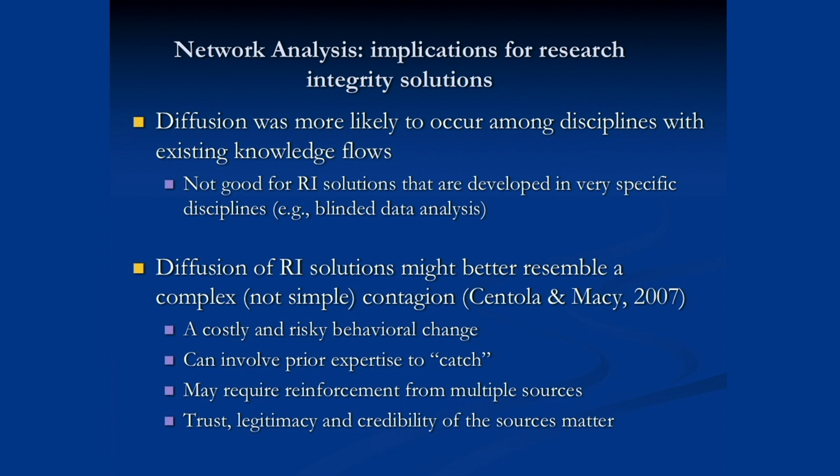Diffusion was more likely to occur amongst disciplines with existing knowledge flows. Okay, so that has implications for solutions that are developed in very specific disciplines. So there was that recent paper in Nature by McCown and Perlmutter where they argue that blind data analysis that's used in particle physics would be useful if it was applied in psychology.